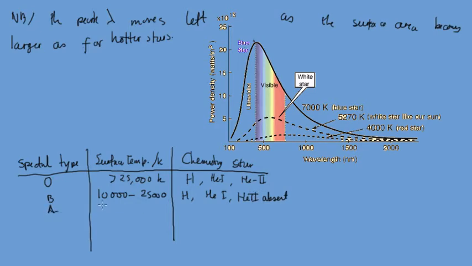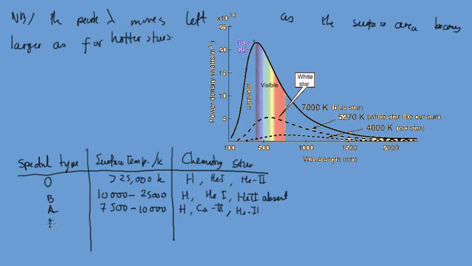An A star is 7,500 to 10,000, and that is now going to get more heavier elements in it. So your hydrogen, now you're going to get some calcium, still got some helium, and the helium 2 is absent.